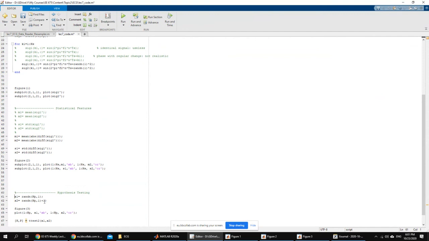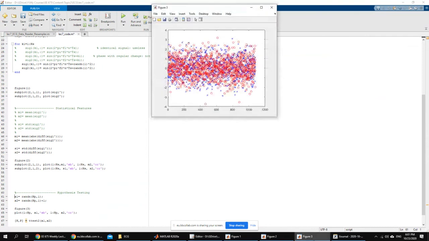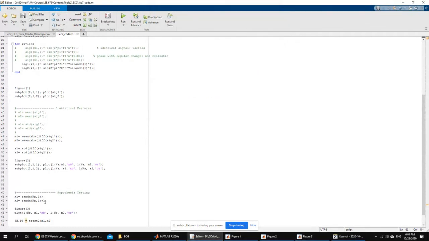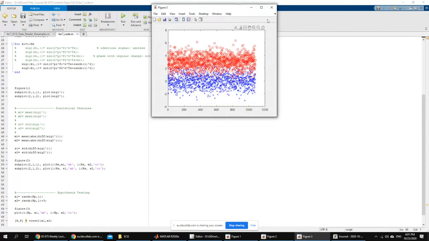Remember that when we have random numbers from a certain distribution, if you add a constant to the values, it will effectively change the mean by the same value. Let's see how that looks. You see here, they are completely overlapped. Let's choose a number a little larger so that we can see a difference. I have now added 3 to the second one. Let's see how the outcome looks. See now the difference?